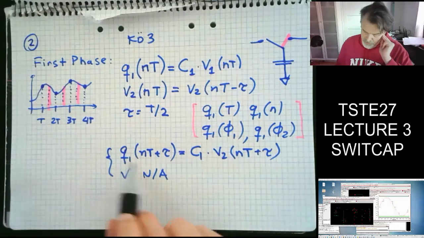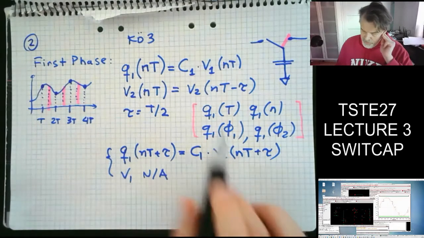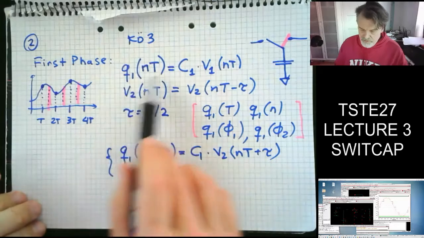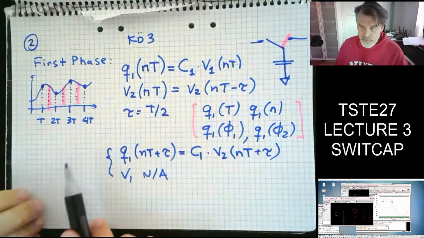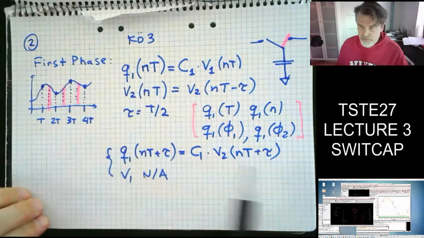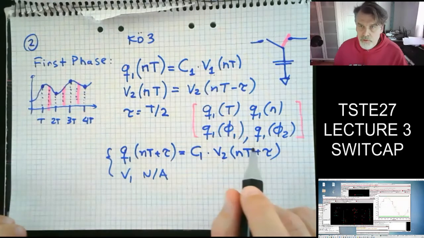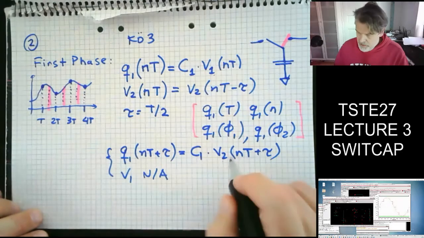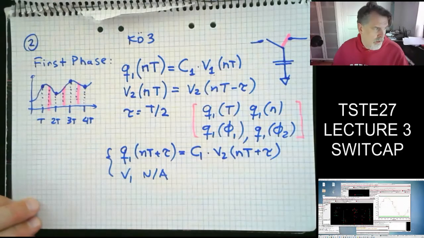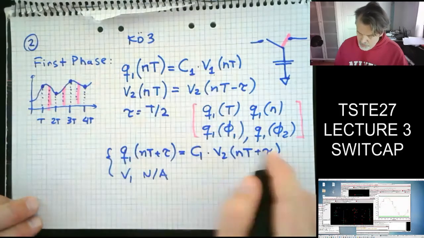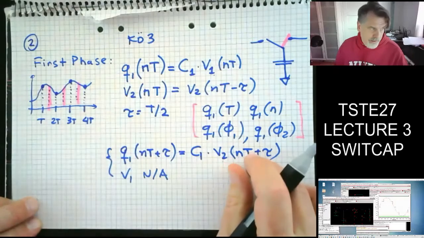All right, so Q1, and now we see something interesting, because I have something saying something about Q1 at this point and Q1 at this point. And now I have V2 here and V1, so I have a sort of connection between the two different phases and the two different voltages. So what happened here?